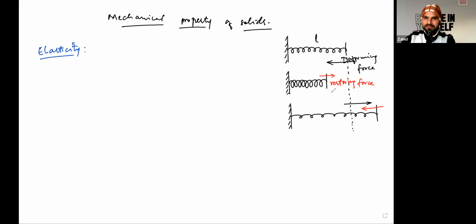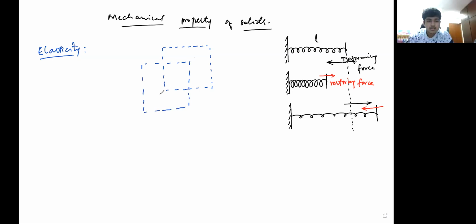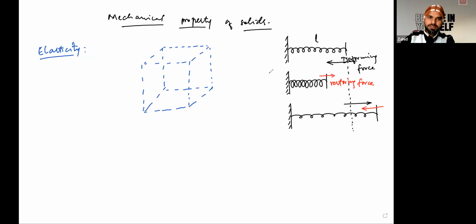Similarly to the behavior of this spring, a solid behaves. Suppose for a particular solid, there is an arrangement of particles like this, in which each corner is occupied by some atom or molecule.